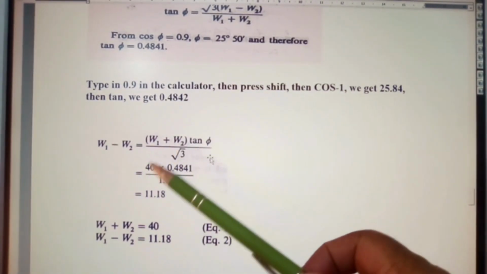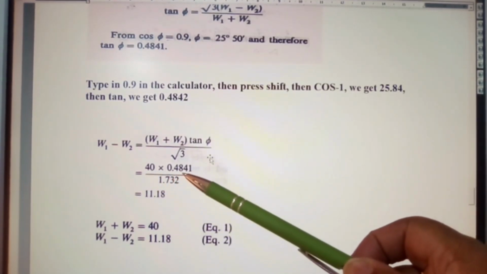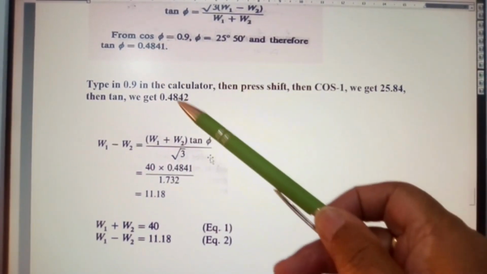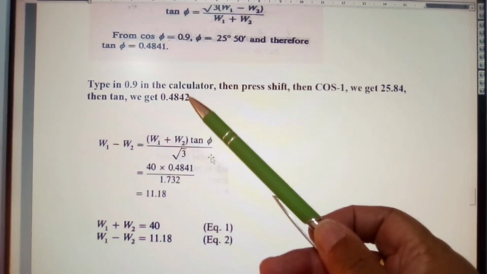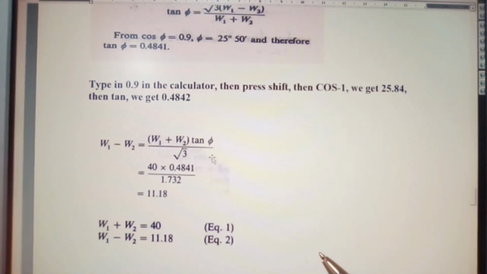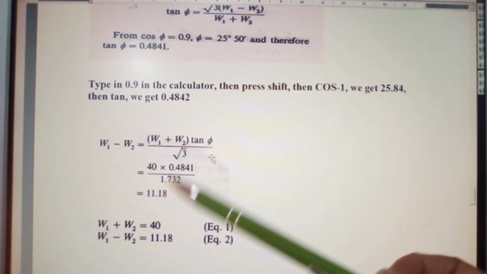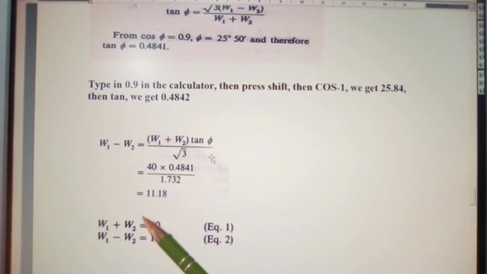W1 plus W2, we know it's 40 already, and that is our angle from here. This one here is rounded up a bit, but if you have a different calculator, you'll find that it will round more precisely. But don't worry about that, that's close enough for us to work with. Like this gives us 11.8.